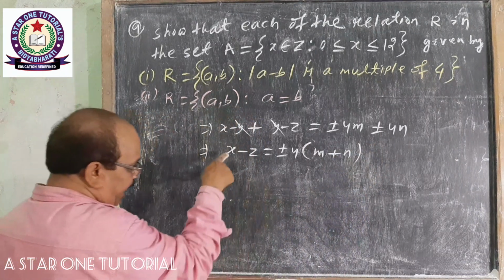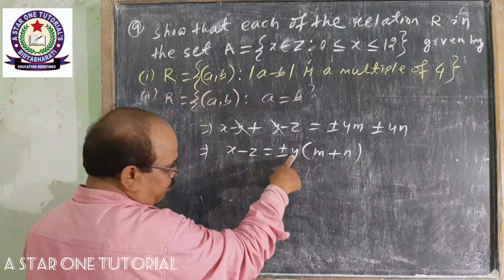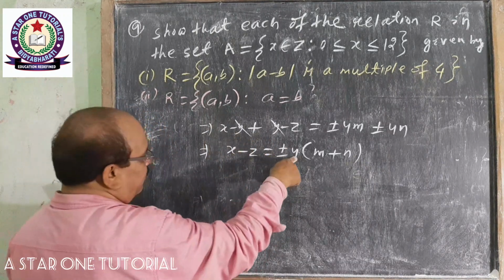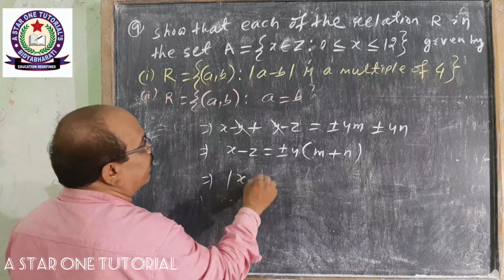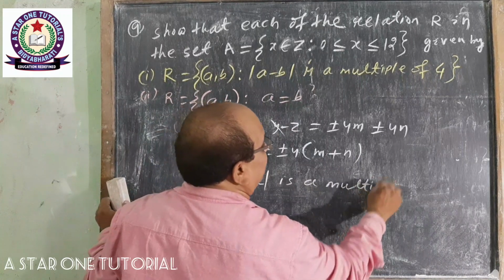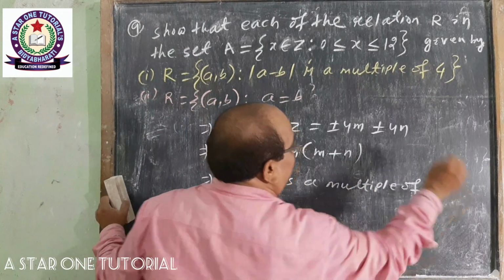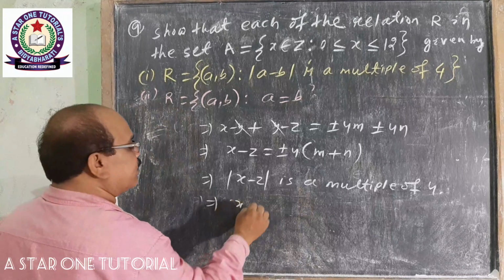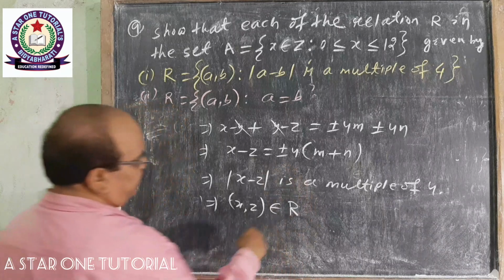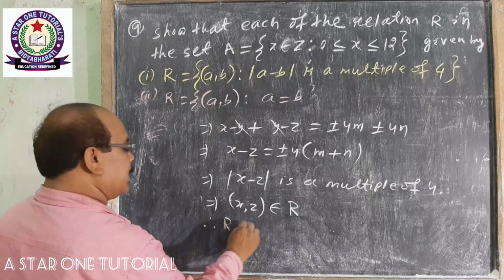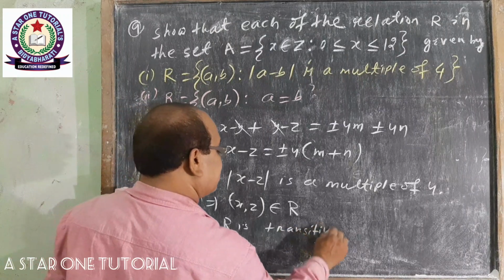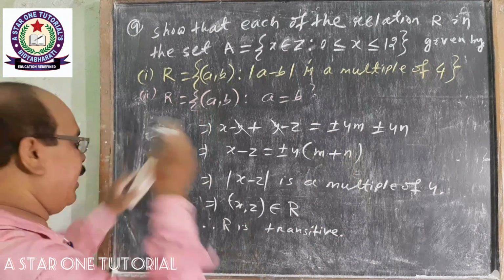You see here x minus z is a multiple of 4, which means modulus of x minus z must be a multiple of 4. Therefore the ordered pair (x, z) is an element of the relation R. Therefore R is transitive.